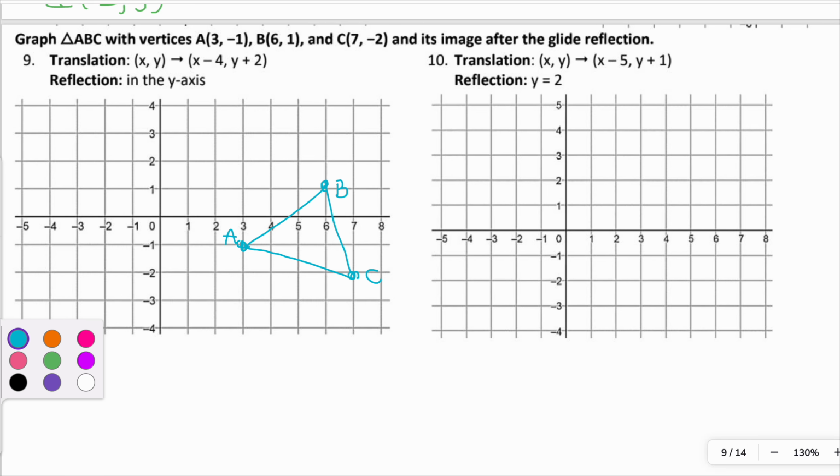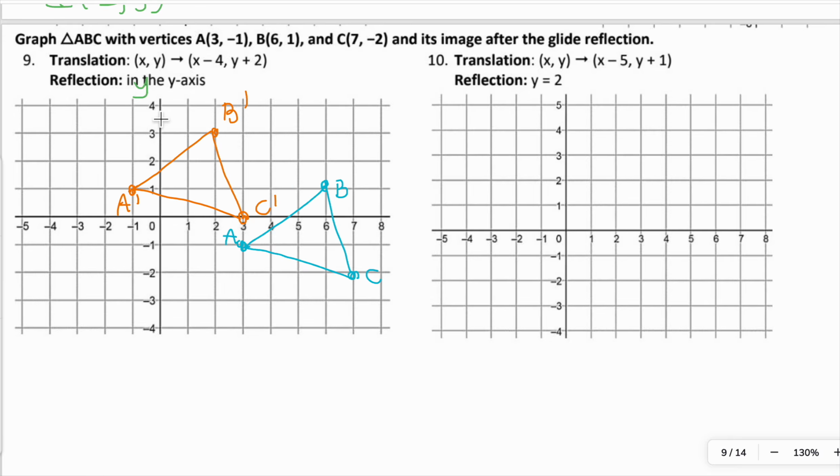The first one I'm going to show is that translation of left 4, up 2. So here's B prime. A, left 4, up 2. C, left 4, up 2. Okay, connecting those points. And then now I want a reflection over the y-axis.